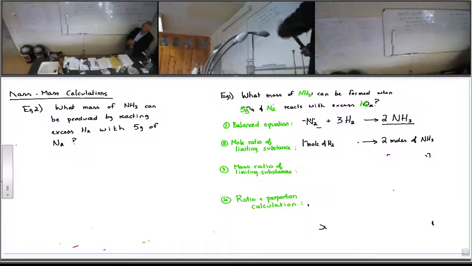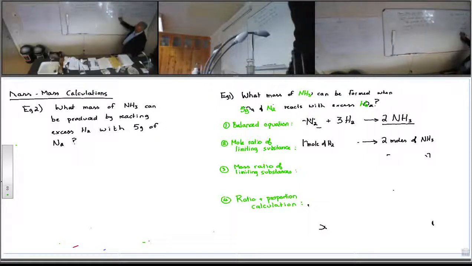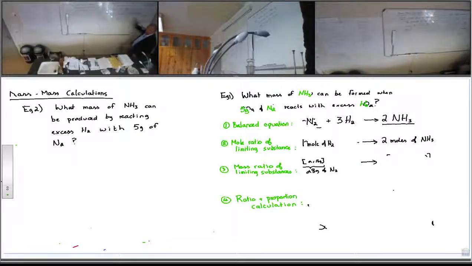Right. Can you tell me what the mass ratio is? Mass ratio on the left-hand side is 2 times 14 grams. 2 times 14 grams. That's going to give you 28 grams of N2. Right. Can you do the same on this side? 2.